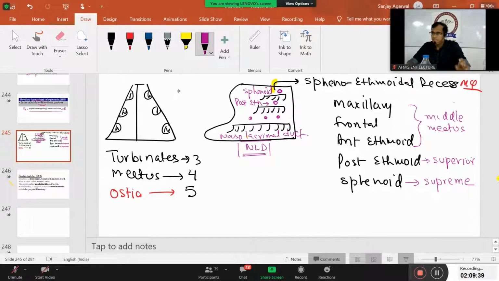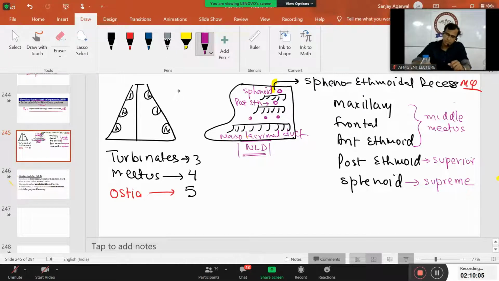So every meatus will have something. That's the important thing. Every meatus will have something. Which meatus has what, you have to know. Not a difficult thing. You also have to remember what is in which meatus. This is the story of the lateral wall.